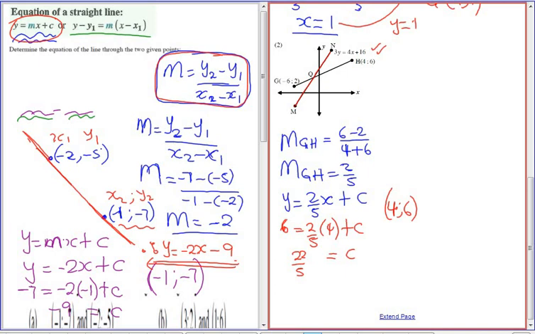So we seem to now have an equation which says y is equal to 2/5 x plus 22/5. I know it feels like you should multiply by 5 everywhere, right? You can leave it here or you can multiply by 5. If you multiply by 5, this is what you will have: 2x plus 22 left.